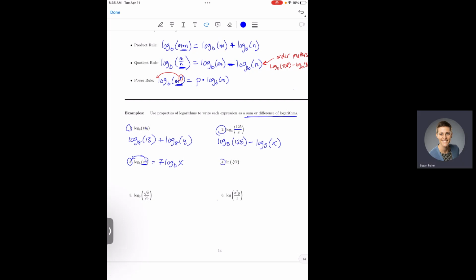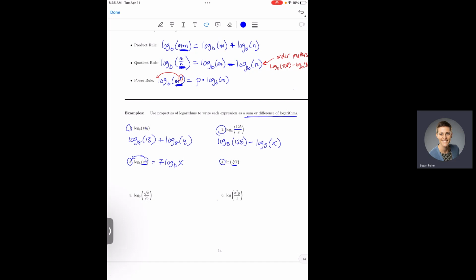All right, how about number 4? ln of the 7th root of x. Okay, what do we have going on inside the logarithm this time? Well, it's a root. Can we represent that 7th root as either a multiplication, a division, or a power? Yes, roots are exponents.